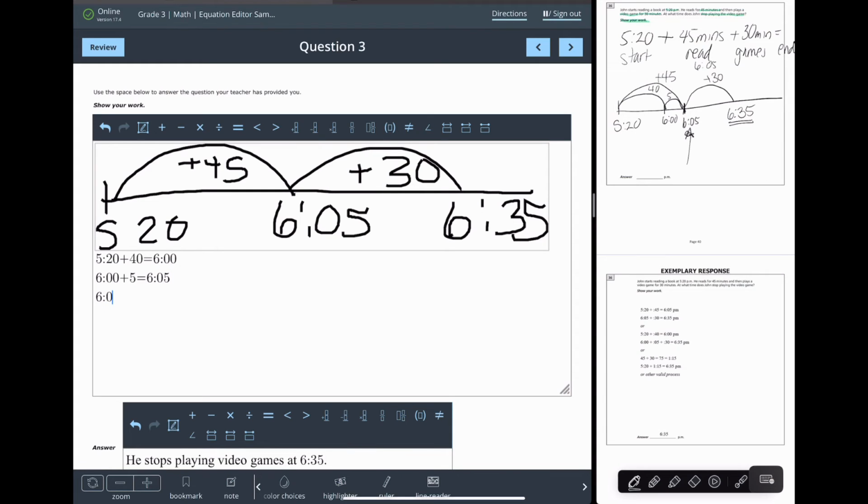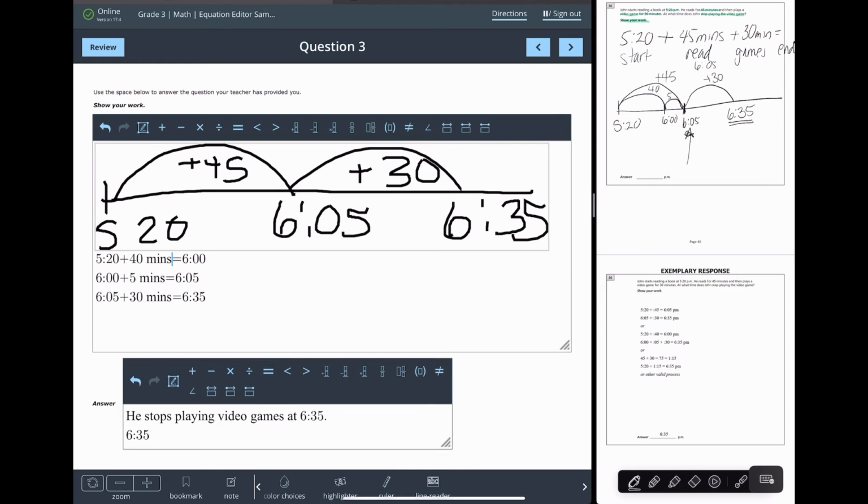And 6:05 plus 30 is equal to 6:35. And because I want them to know these are minutes, I can put 30 minutes, and I can put 5 minutes. That also works for showing it.